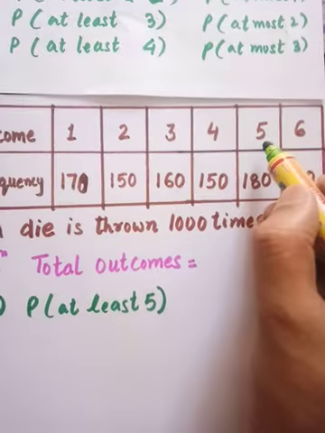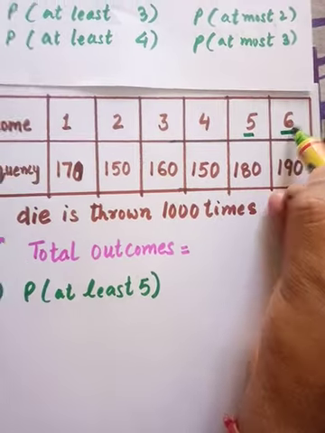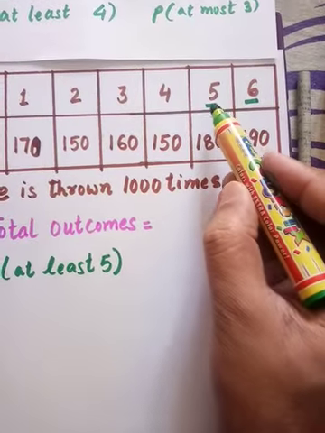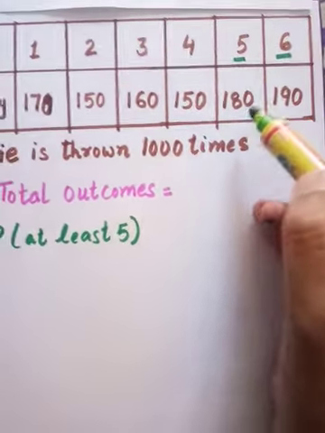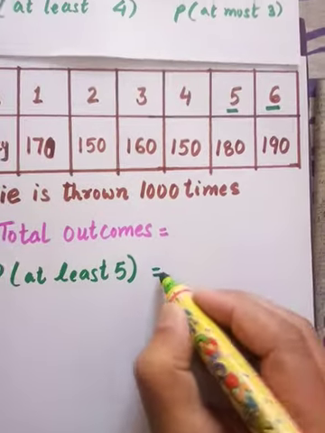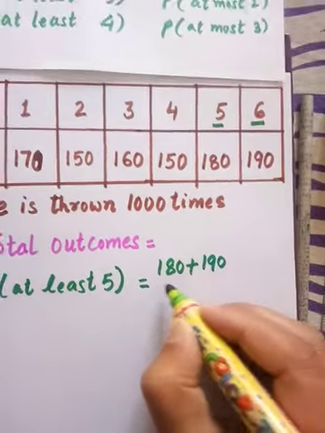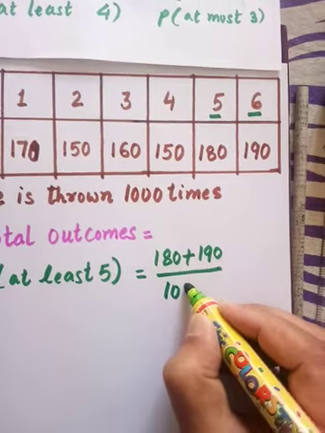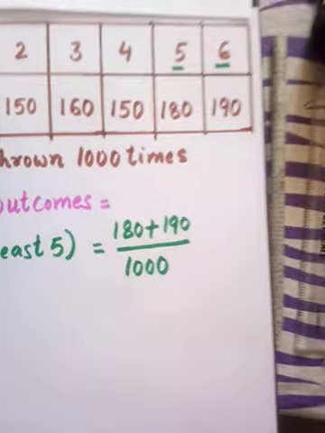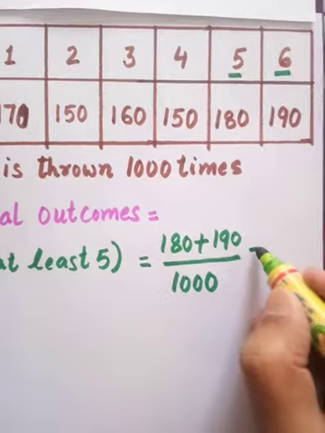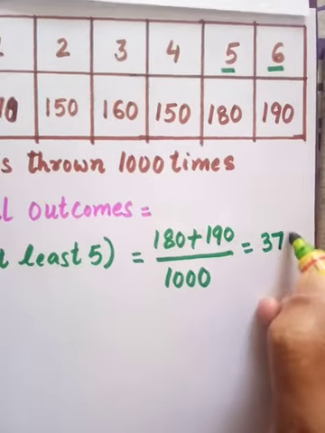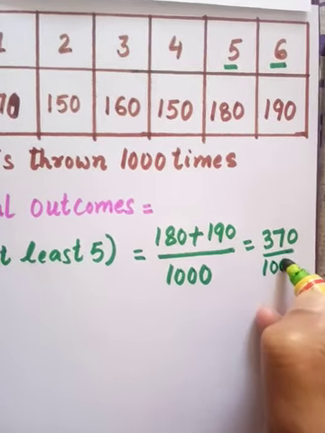So in this case I'll underline 5 as well as 6, because they have told minimum 5, so I will take 5 as well as 6. What are the favorable outcomes for that? Favorable outcomes are 180 plus 190 out of the total outcomes, the rolling of the dice was done 1000 times. So I'll get 370 upon 1000.